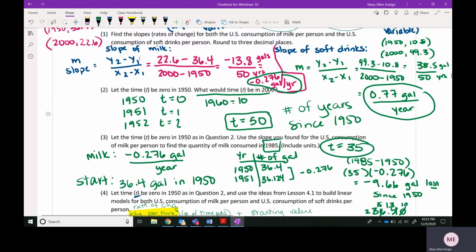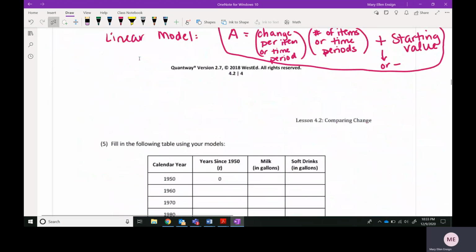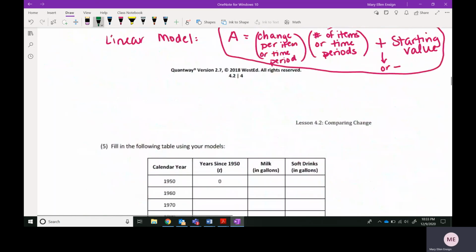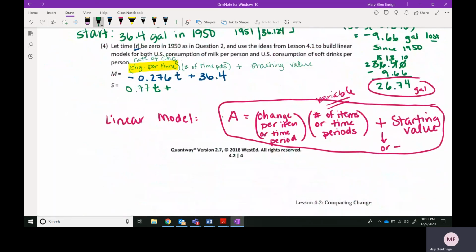So the soda change was positive 0.77 gallons per year times the number of years plus 10.8. Again, this is my starting value. This is how many gallons the average person was drinking in a year in 1950. And then every time there's another year, that goes up by 0.77 gallons.